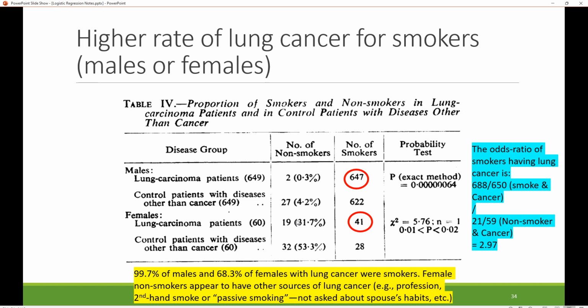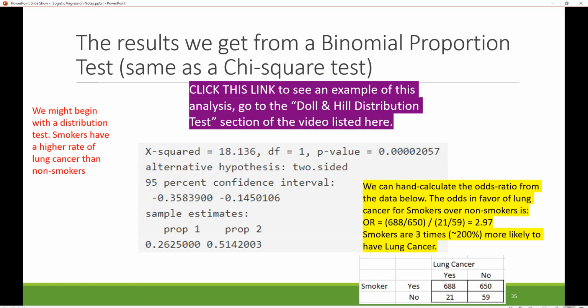So 21 divided by 59 gives us an odds ratio of 2.97. That's what we get if we hand calculate the odds ratio.